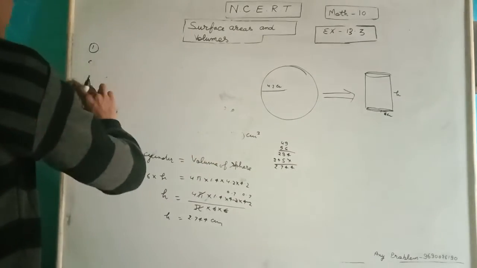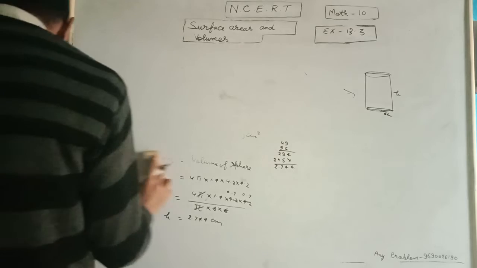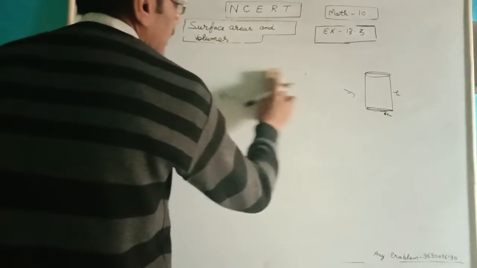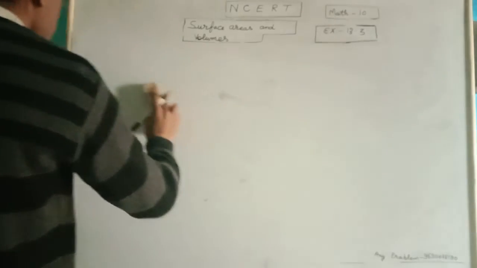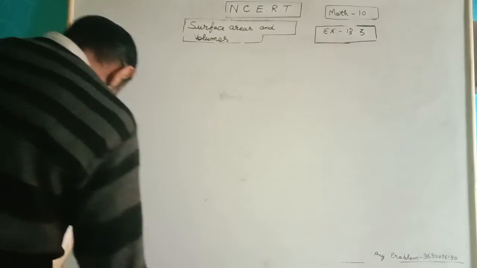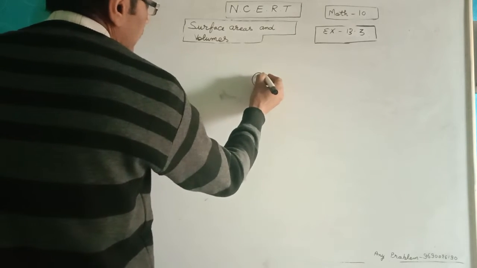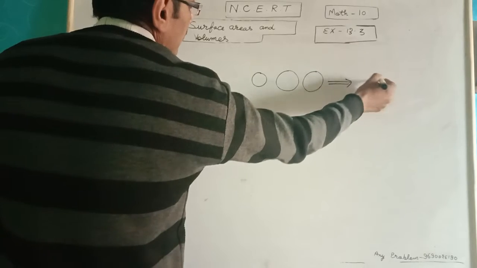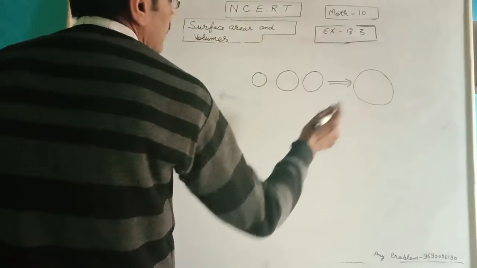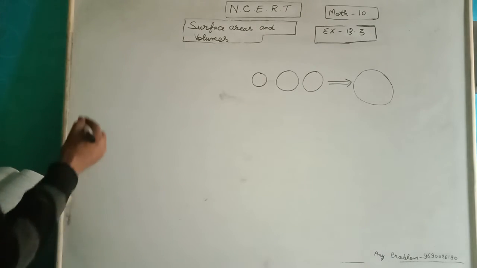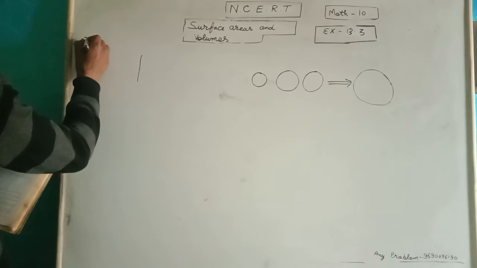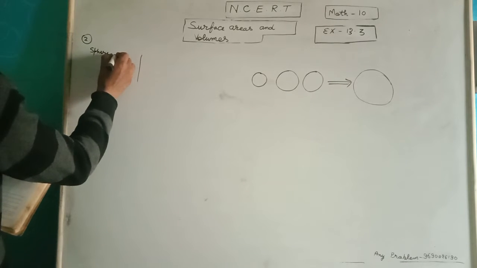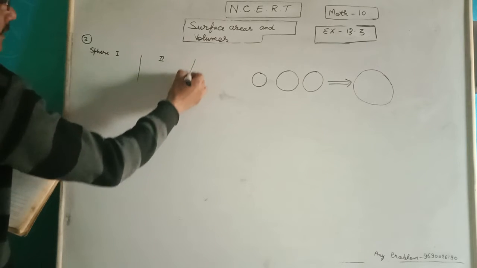Question number 2 is spheres: three spheres are melted to make a big sphere. Let the first sphere, second and third.